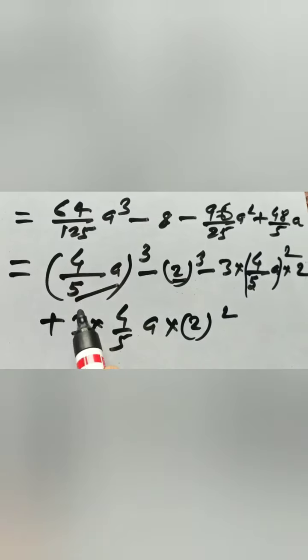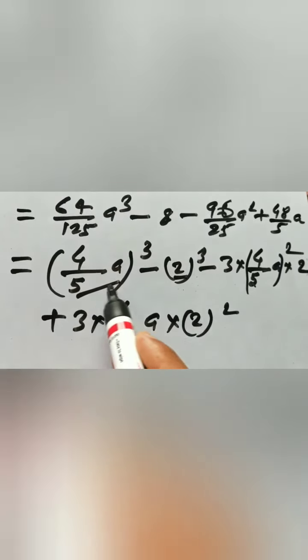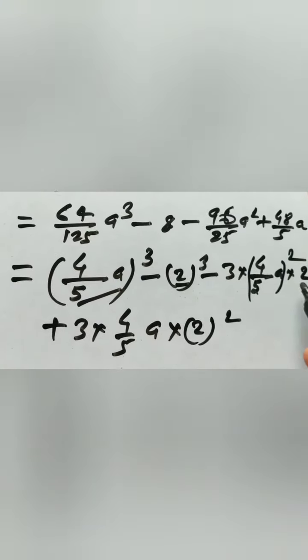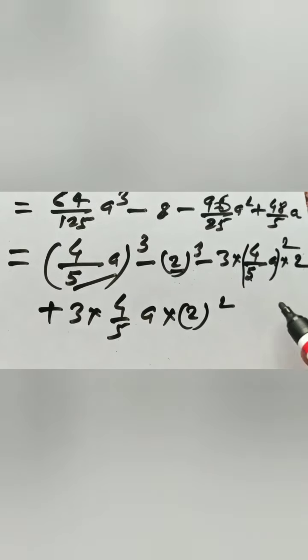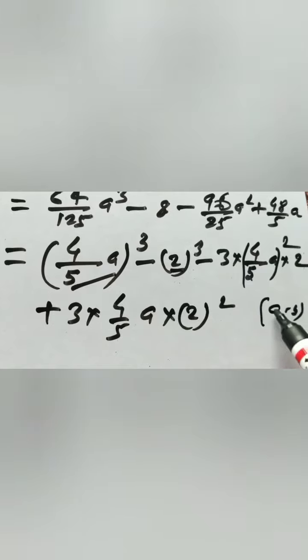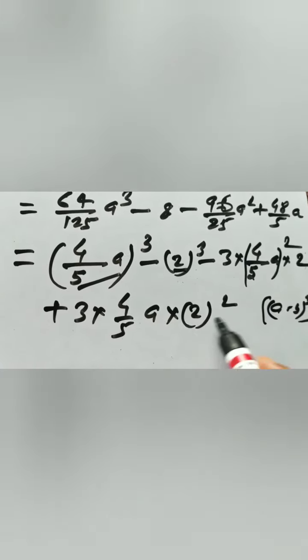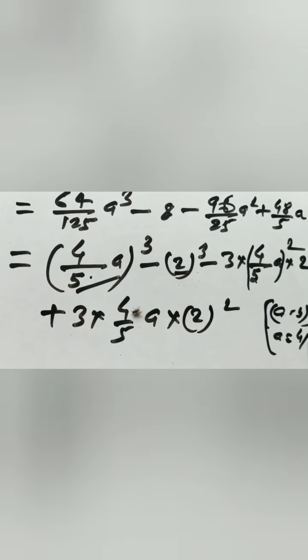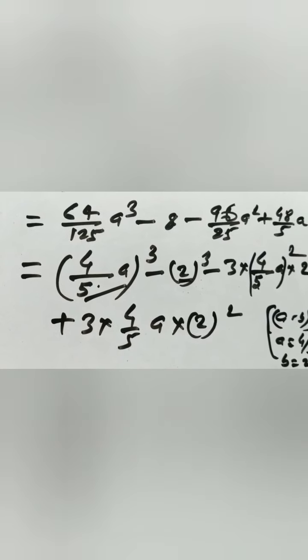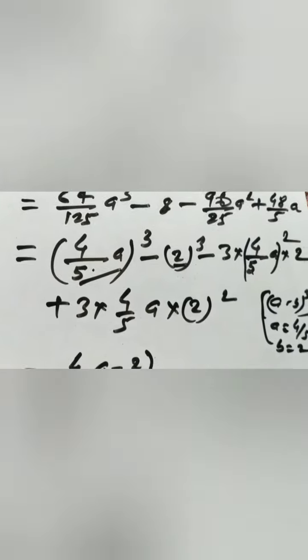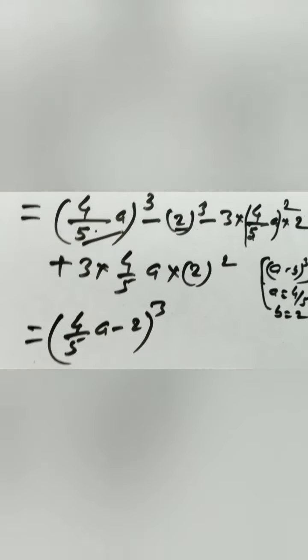Then it is in the form a cube minus b cube minus 3a square b plus 3ab square, which is equal to a minus b the whole cube. So in place of a, your a is equal to 4 upon 5a and b is equal to 2. So it will be equal to 4 upon 5a minus 2 the whole cube.